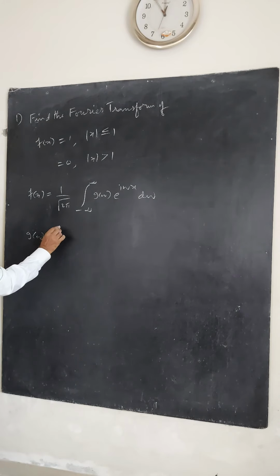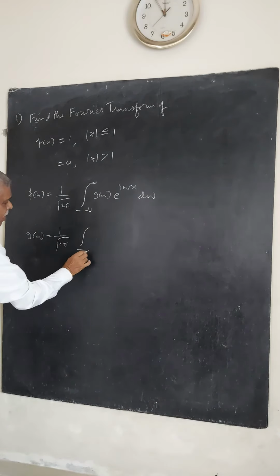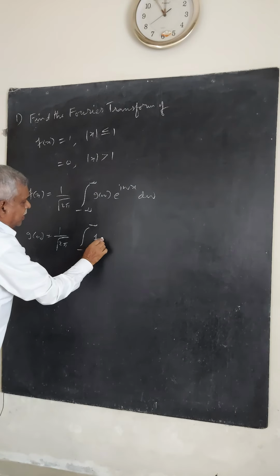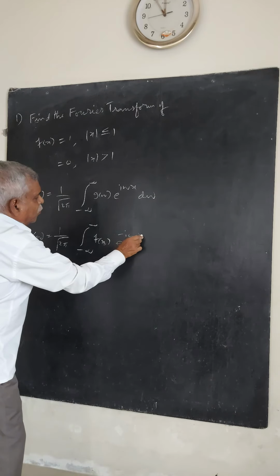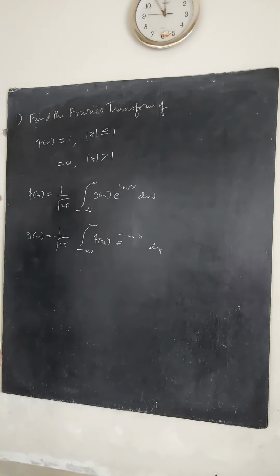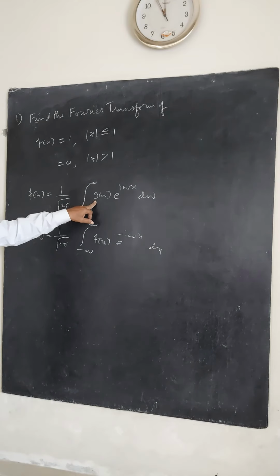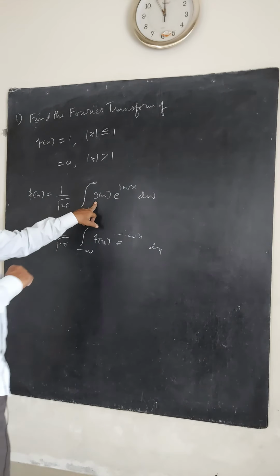G omega equals 1 by root of 2 pi, integral from minus to plus infinity of f of x e power minus i omega x dx. F of x is given here, g omega is the Fourier transform. For the deduction, we have to write g omega in this form. Then only we will get the deduction.